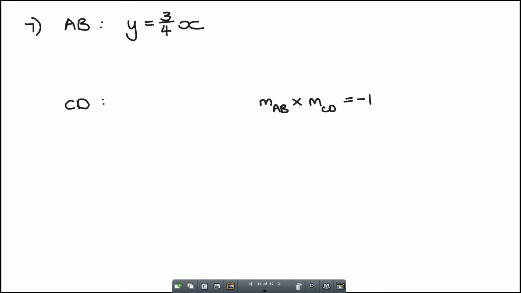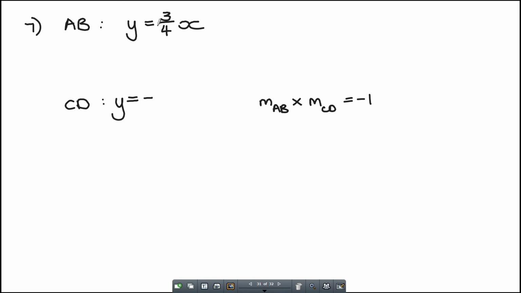Alright. Now, to get CD, look here. Remember, they show you that the two lines cut each other at a 90 degree angle, and because they are perpendicular, it means that the product of those two gradients will give me -1. So immediately I can skip to y is equal to, and because that one was a positive, this will have to be a negative.